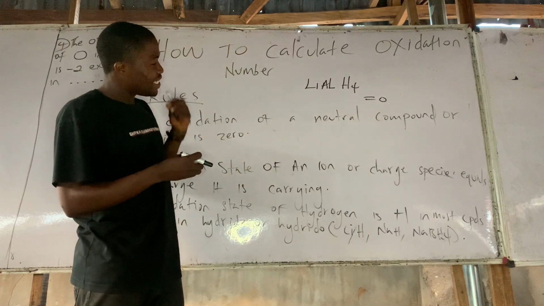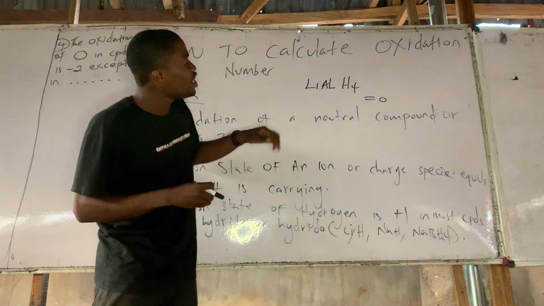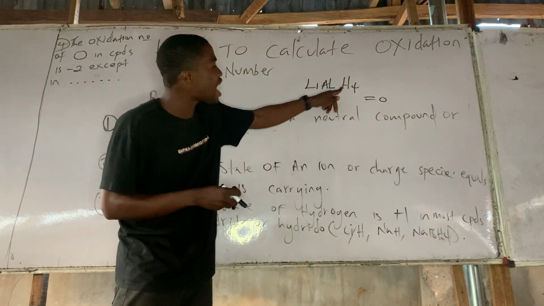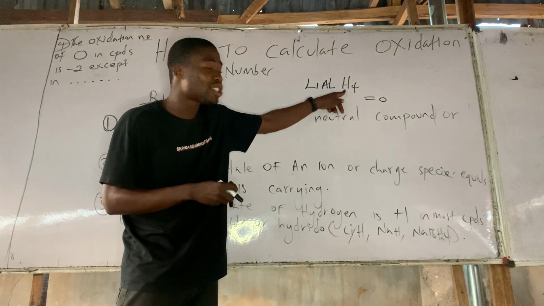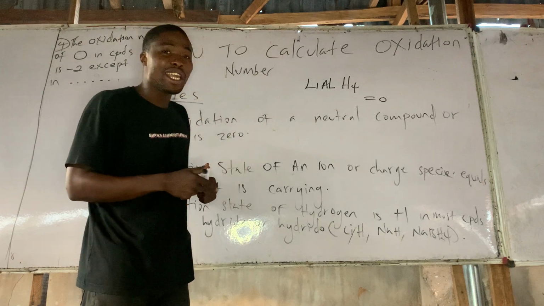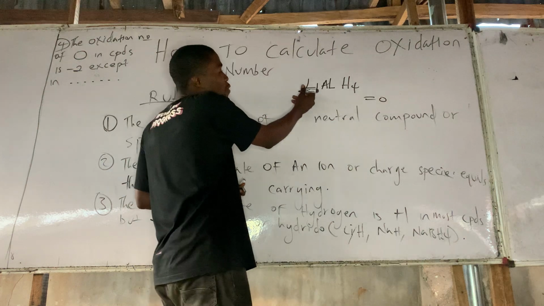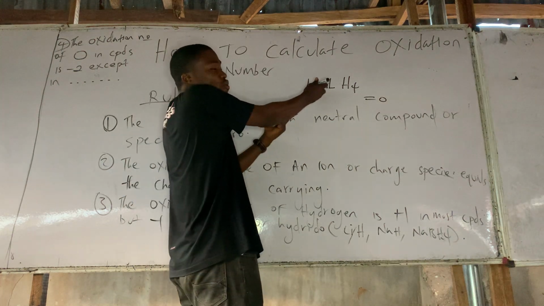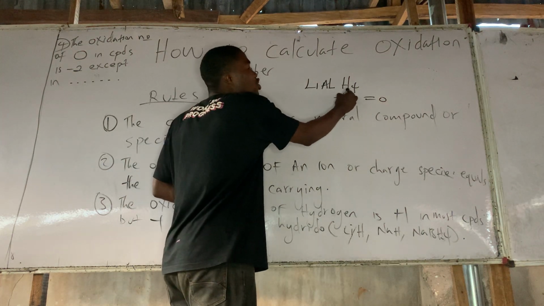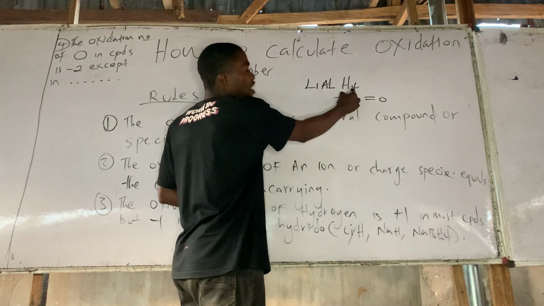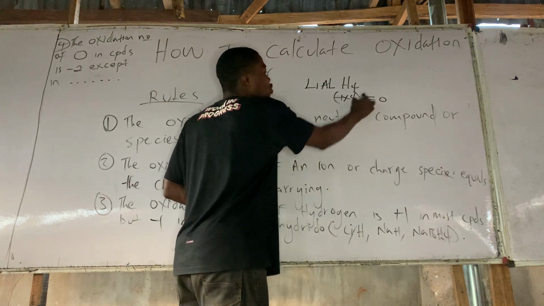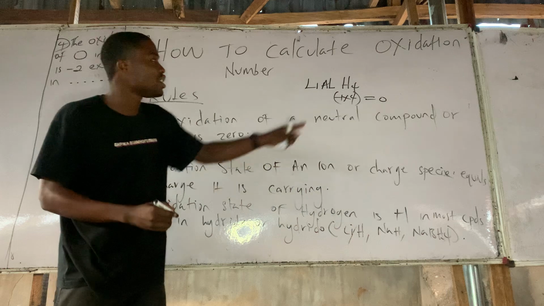But what we are saying now is that the oxidation state of hydrogen in this compound would be -1. Lithium should have one oxidation state, maybe we are looking for aluminium, but for hydrogen it's going to be -1, and there are 4 hydrogens here. So -1 times 4 is hydrogen's portion in this compound.